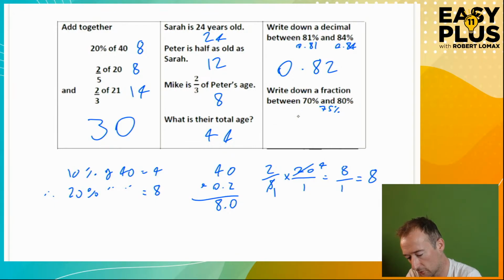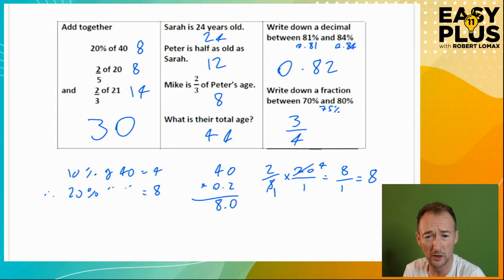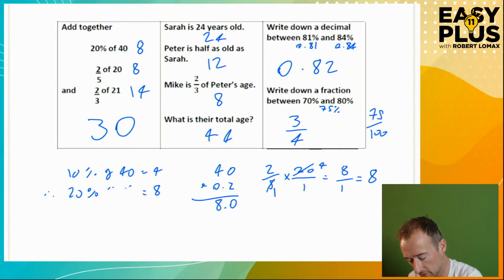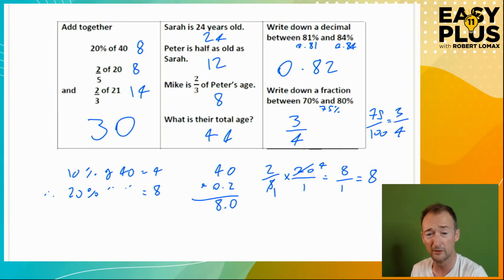It is, of course, 3/4. That's such a straightforward percentage that you probably don't need to work it out. If you did, you would write 75 over 100, and then simplify. 25 goes into 75 3 times, and into 100 4 times. Oh, look, it's 3/4. What a surprise. And that's our answer.